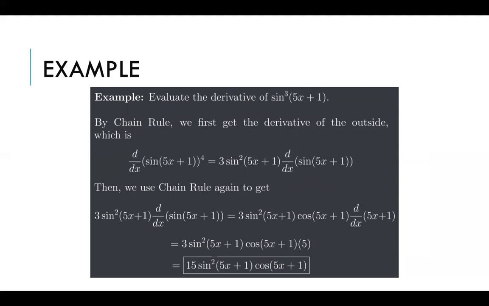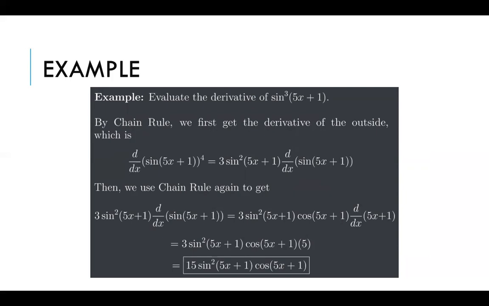So we have the first derivative of quantity sine quantity 5x plus 1 cubed is equal to 3 sine squared quantity 5x plus 1. So we subtracted 1. This is a typographical error. It should be 3.